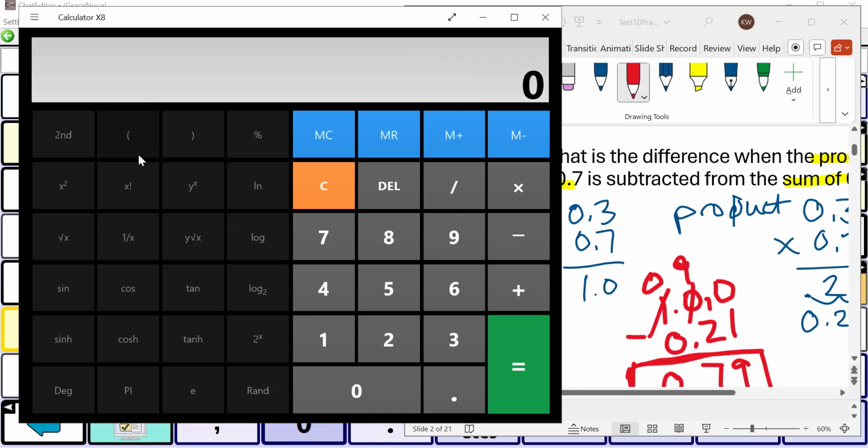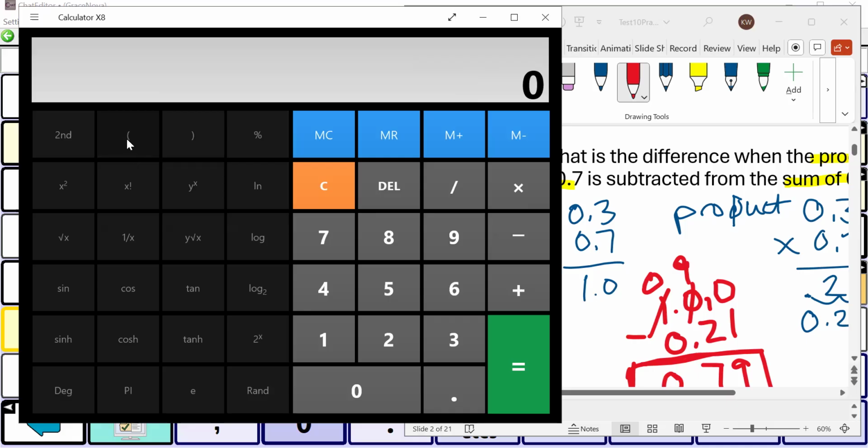So in this problem, we have a product, we have a sum, and then we're taking a difference. So we're doing three different things all in one problem. As we said before, the sum is probably going to be the biggest one, which we found out already from writing, since we're going to be taking away from that. So let's start with the sum, and we can put that in parentheses.